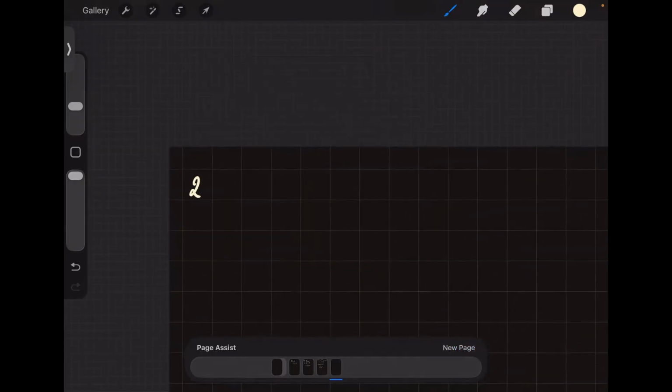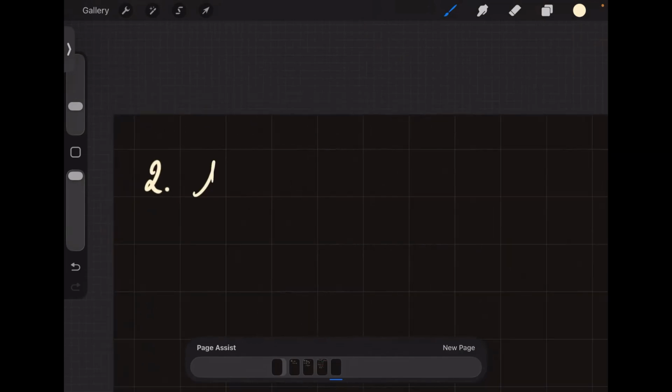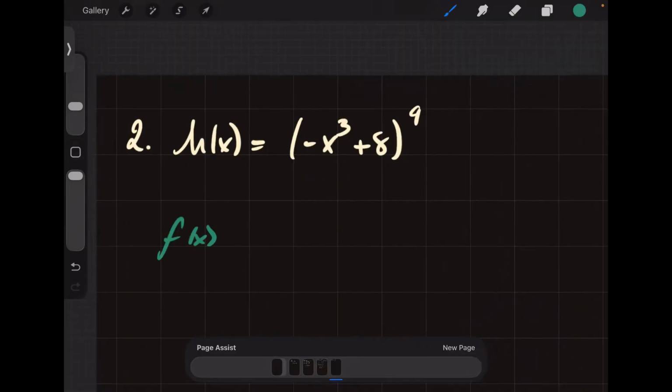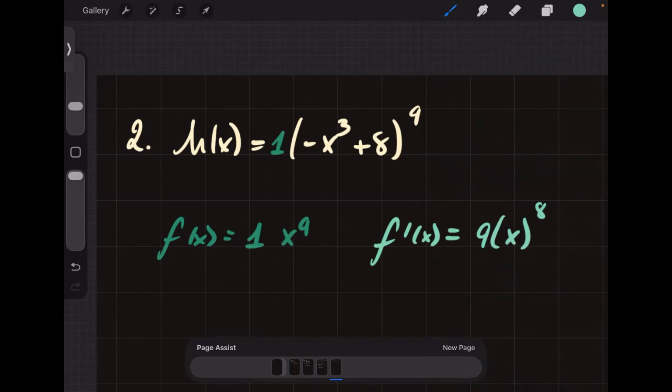Let's say we have h of x is equal to negative x cubed plus 8, all to the 9th. Again, I'll write all your moving parts for you. f of x is equal to, there's a secret one here, 1x to the 9th, which means we have f prime of x is equal to 9x to the 8th.